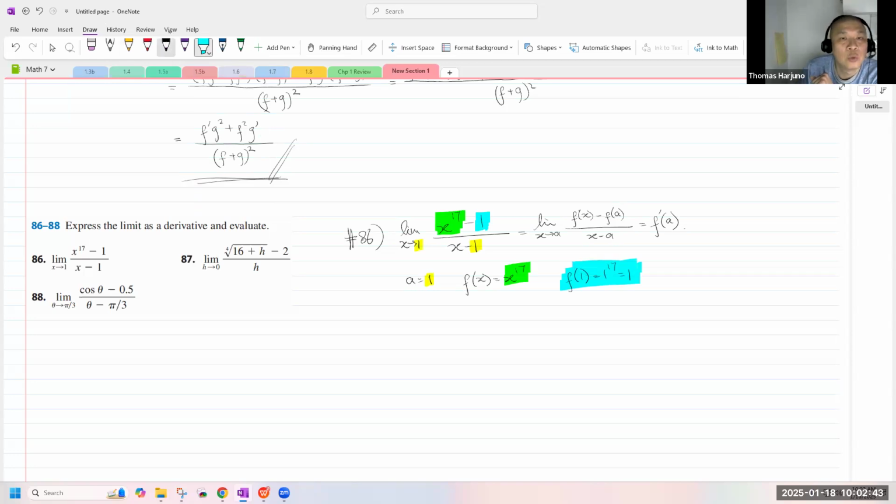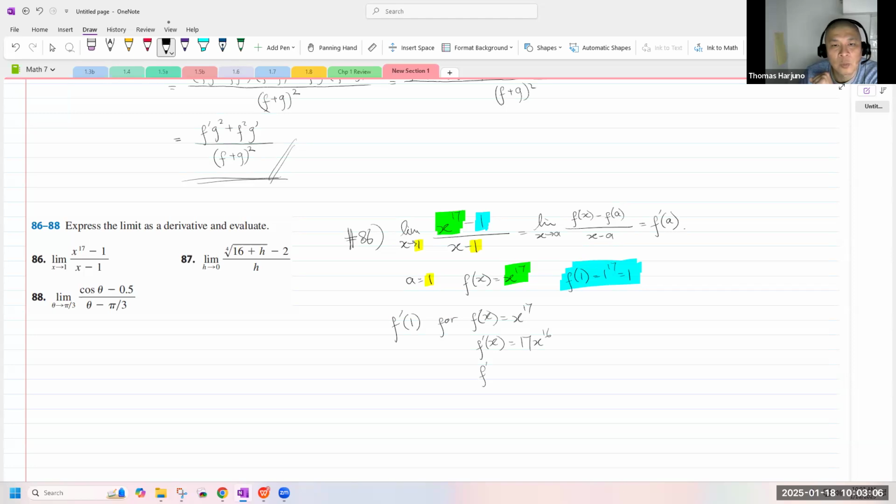Okay, so we come back. This expression here is equal to the derivative at 1 for f x equals x to the 17. Now the derivative is 17 x to the 16.